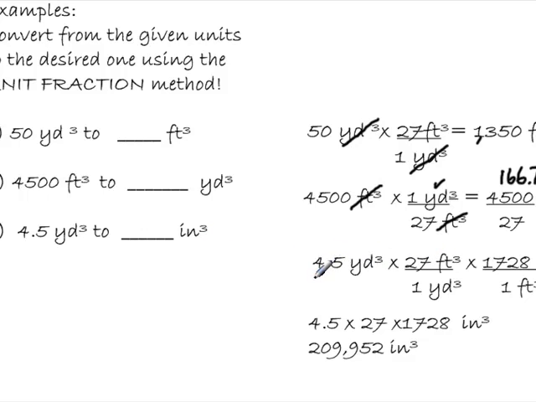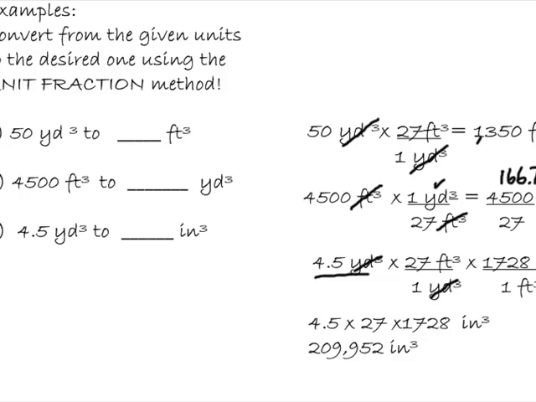We start with 4.5 cubic yards. First, I want to convert to cubic feet. The cubic yards cancel. I'm not going to do the math now, I'm just going to leave the numbers there, but you can see the unit that is left is cubic feet. Now I want to convert into cubic inches, so I use my unit fraction 1,728 cubic inches for every 1 cubic foot.